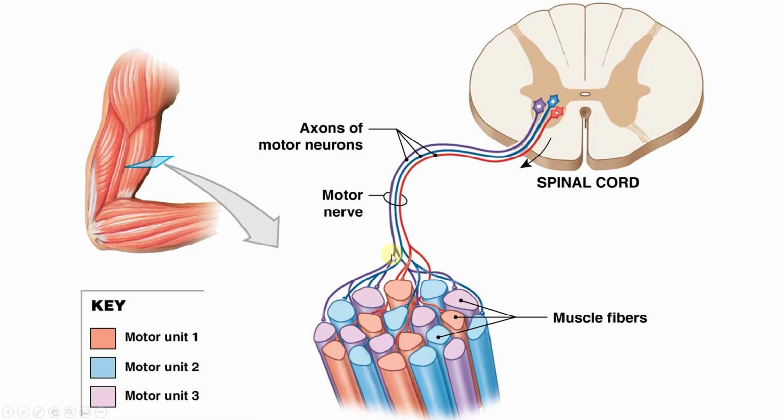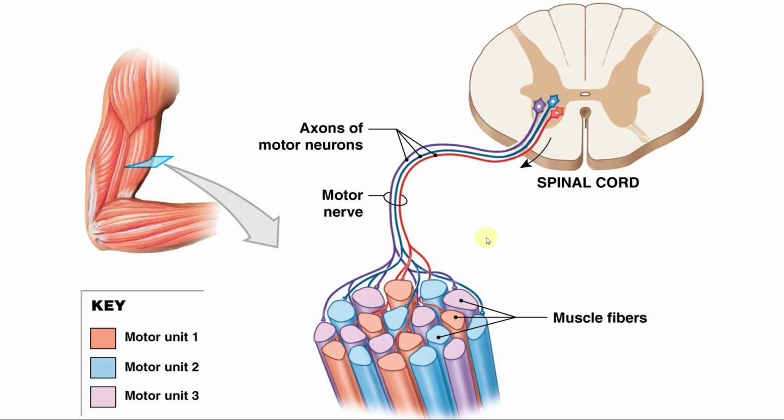And you can see that the motor neurons are innervating certain muscle fibers. And so all the purple here are from that purple alpha motor neuron, and these blue are those blue, and that red is that red. So you have 3 motor units here, and a motor unit includes the motor neuron, just one motor neuron, and all the fibers it innervates.